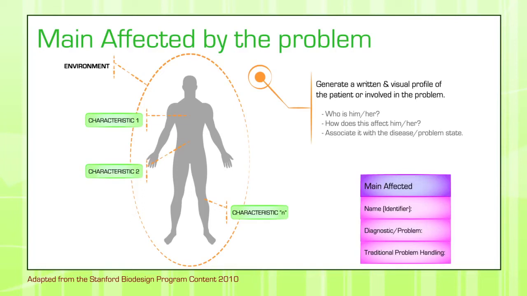Of course, their diagnosis, or what the problem is, or what people think the problem is, and the traditional way in which that problem is handled. This is going to be really important later on, when we explore ways of analyzing treatment options. But by knowing your patient, the person that is most affected by this problem, you're going to know for sure that you know your customer.